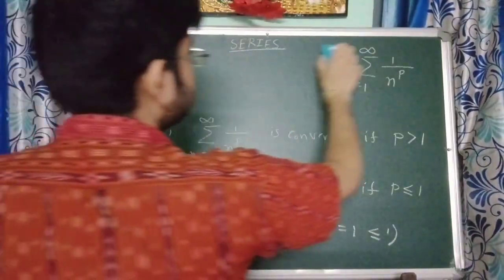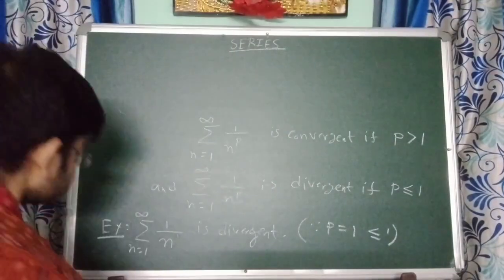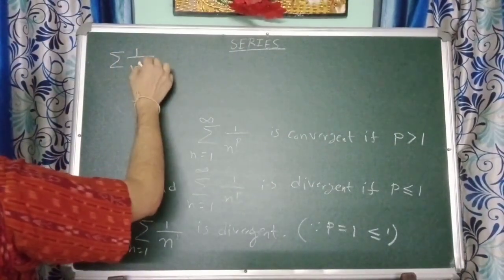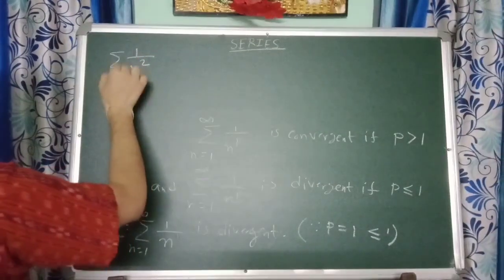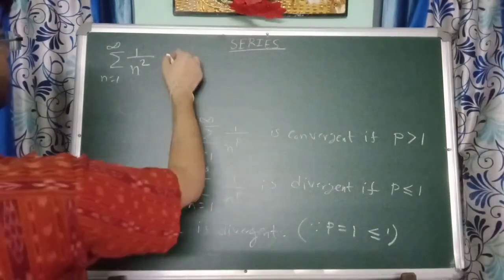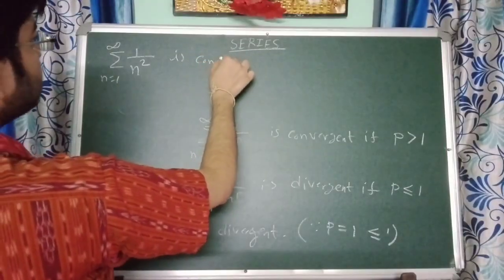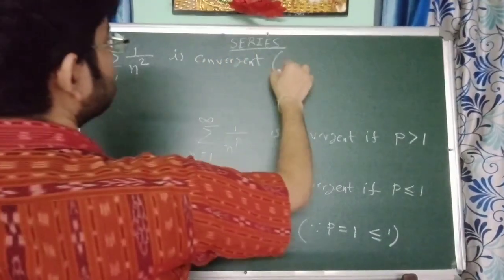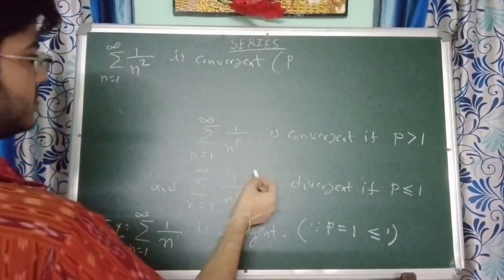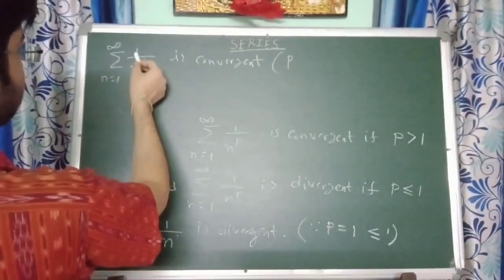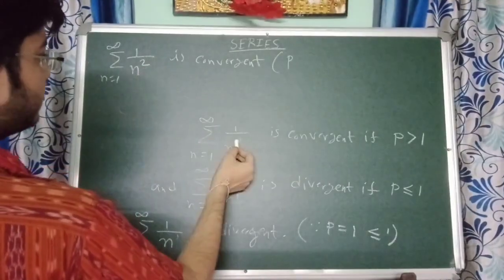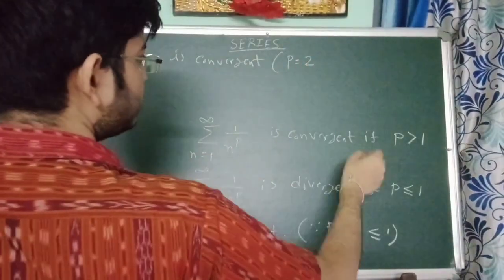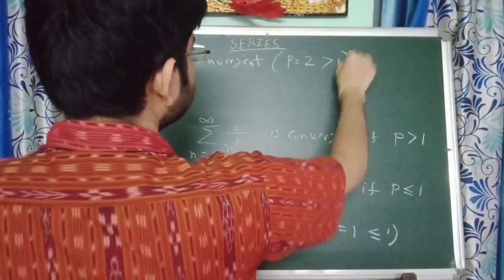Next we will consider the series summation 1 by n square, n equals 1 to infinity. It is convergent. Why is it convergent? Since if you compare the original form 1 by n square with 1 by n to the power p, the p value there is 2, which is greater than 1.